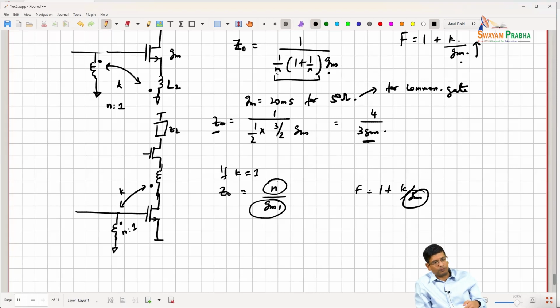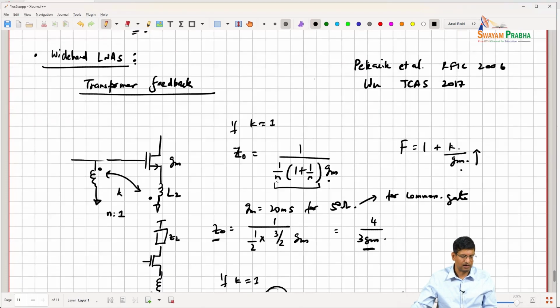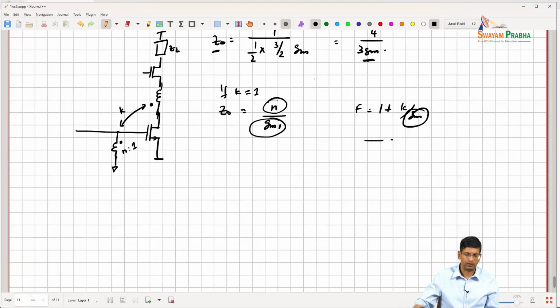These kinds of topologies help you break that trade-off to some extent. So get wideband match, still use higher gm than just being constrained to 20 millisiemens, and be able to get a good noise figure.